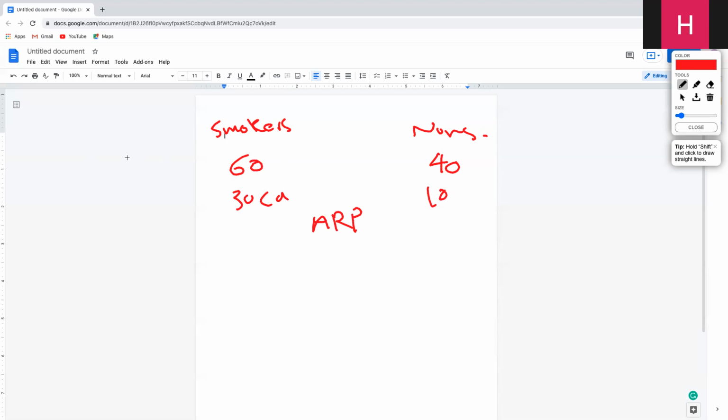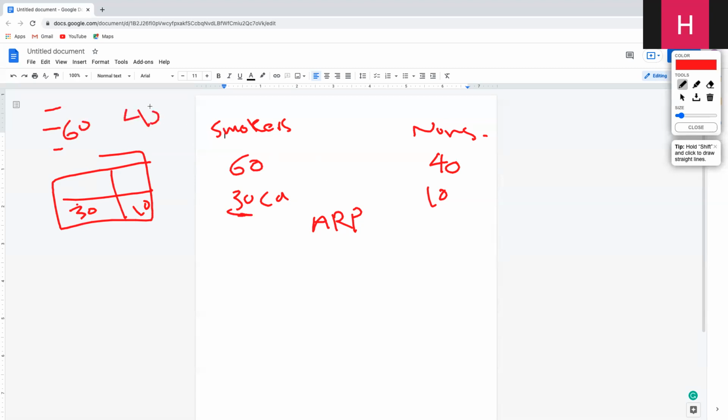I saw a question like that, where you have only the number of cases in each group, for example 30 and 10. Then you don't know the denominator, the number of smokers in this group, so you go back to the question and find the 60 here and the 40 here.